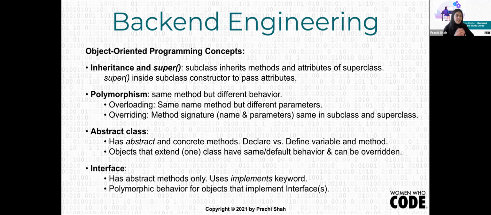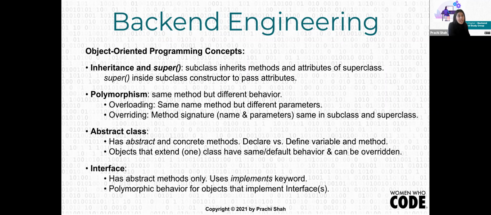Let's say I have a variable named fruit color, and a method to give me the fruit color. In my abstract class I can either define what that method's behavior is, or I can just declare that method or variable and not define what the behavior is.